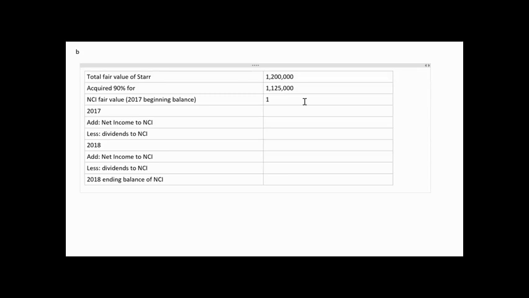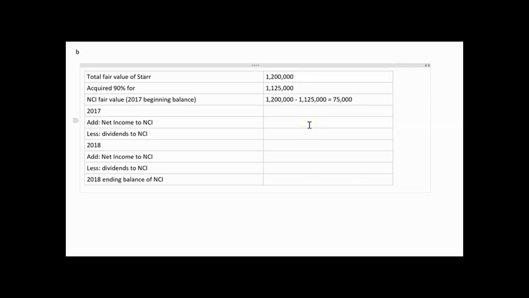In other words, 1.2 million minus 1,125,000 gives 75,000, the remaining balance allocated to non-controlling interest. The non-controlling interest has a beginning balance of 75,000 in 2017, and the balance will increase through the net income allocated to non-controlling interest and decrease by the dividend paid to non-controlling interest.